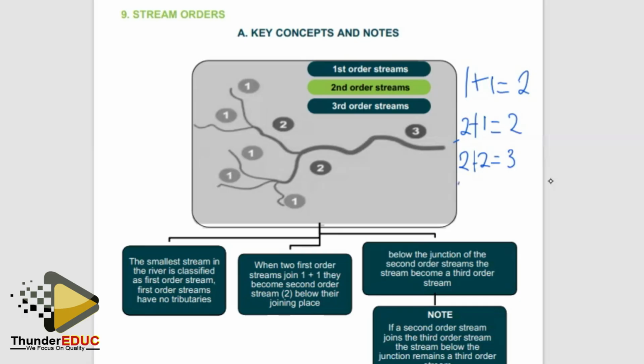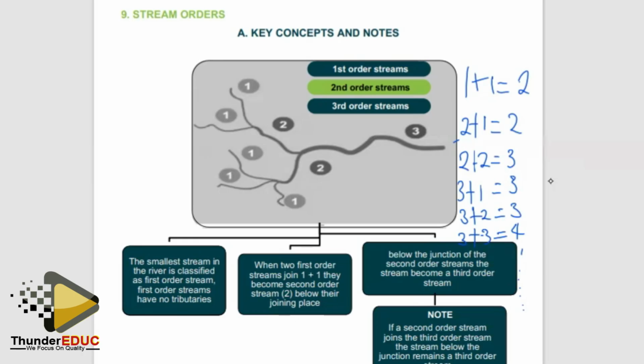If number 3 is joined by number 1 or number 2, the result does not change. Then if stream number 3 is joined by number 3, they give us order number 4. The sequence continues like that. That is what we call stream ordering.